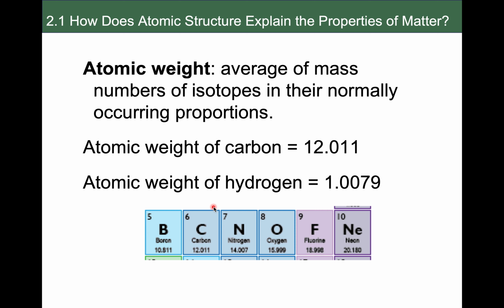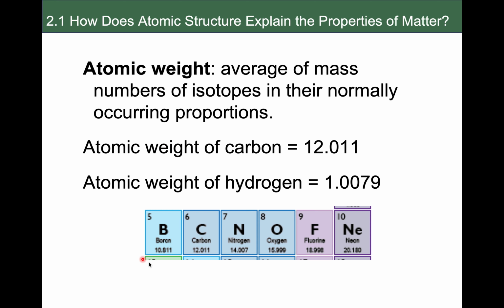So this brings me back to the idea of atomic weight. You might remember that was the number at the bottom of each box in the periodic table. And atomic weight, it's always a decimal number, is the average mass number of the isotopes of a particular element in their normally occurring proportions found in nature.